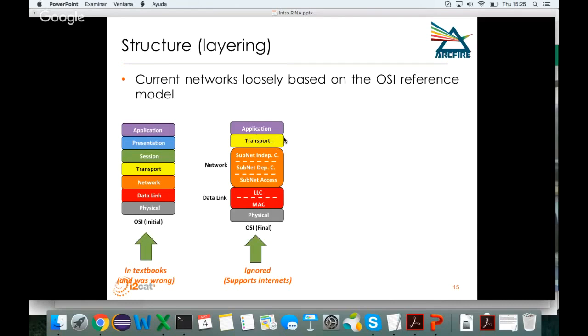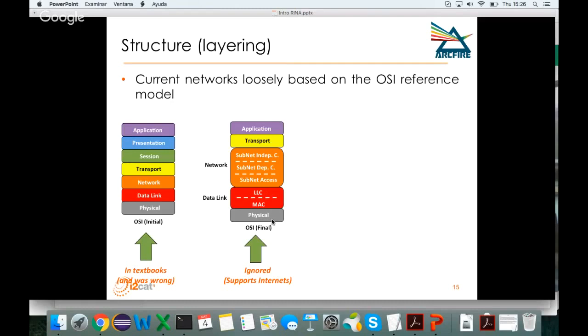Then you have transport, and the network layer was divided into 3 layers. As we will see later, this had a use, which is being able to have routing at the internet link and routing at the network layer separate. And then we have the data link layer divided into medium access control and logical link control, and at the end, the physical layer.